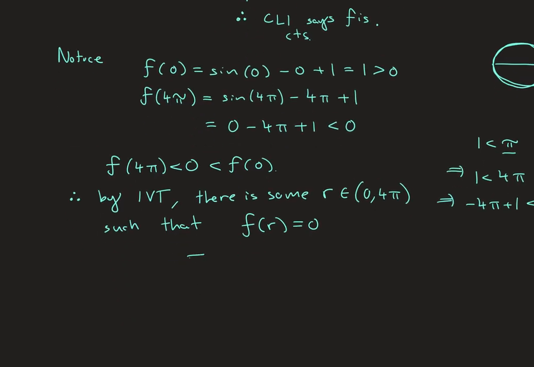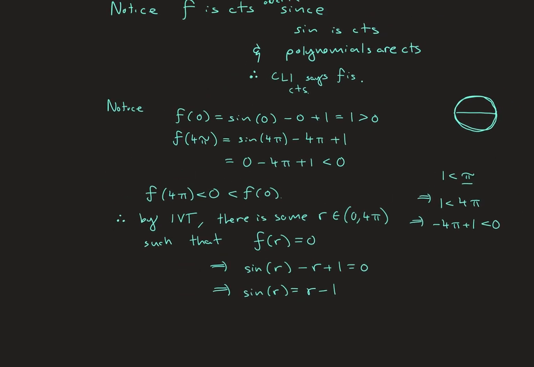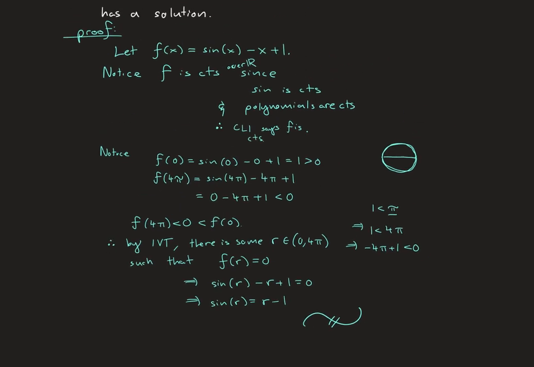Oh, but that implies that sine of r minus r plus 1 is equal to 0, which says that sine of r is equal to r minus 1 for some r. Okay, so we know that r exists by the intermediate value theorem. And now we found a solution to this equation. That's all we need. We showed existence of a solution. That's what was asked of us.